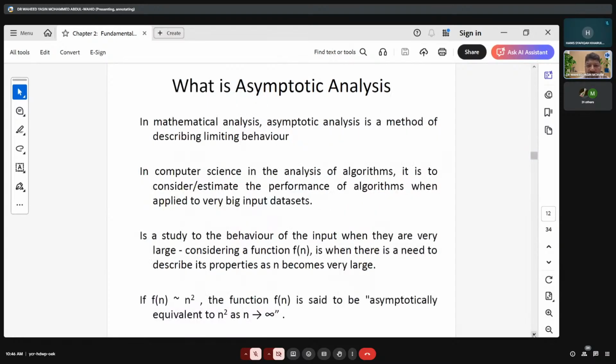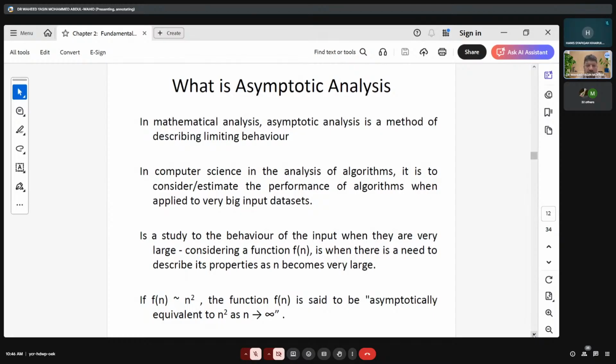What is asymptotic analysis? In mathematical analysis, asymptotic analysis is a method of describing limiting behavior. In computer science, in the analysis of algorithms, it is to estimate the performance of an algorithm when applied to very big input data sets.